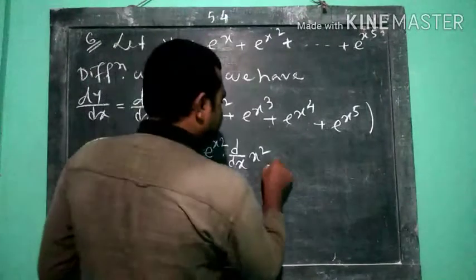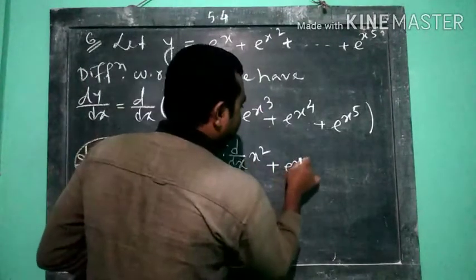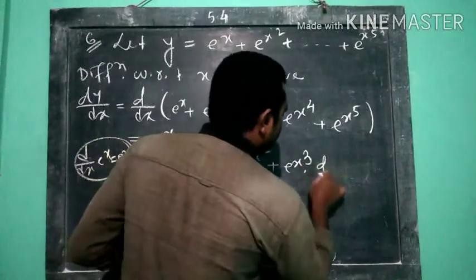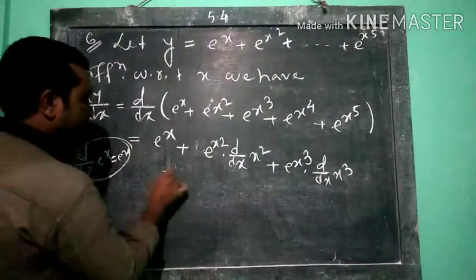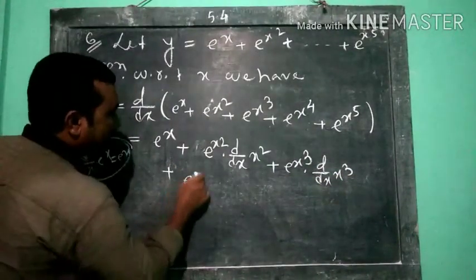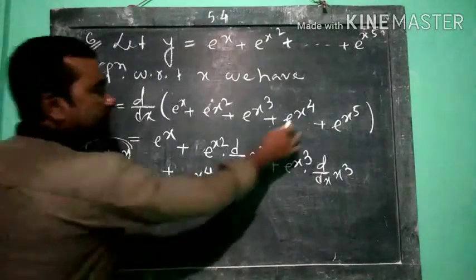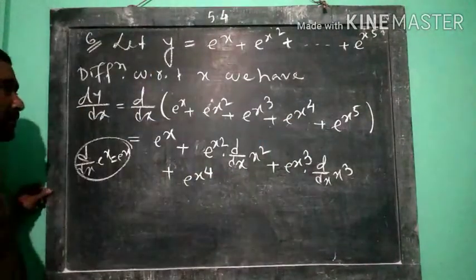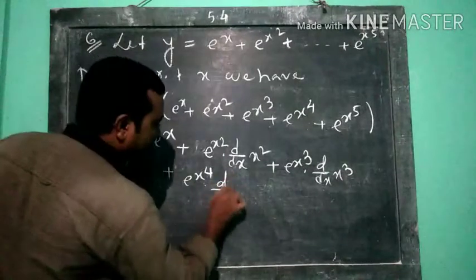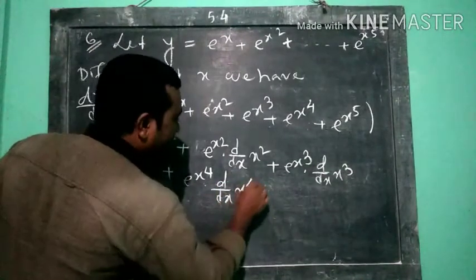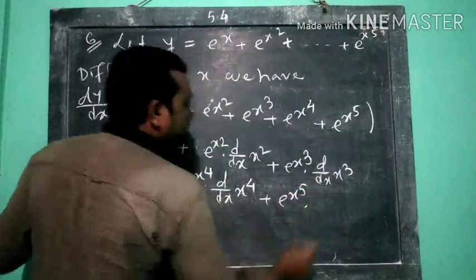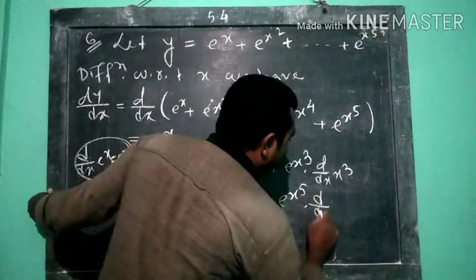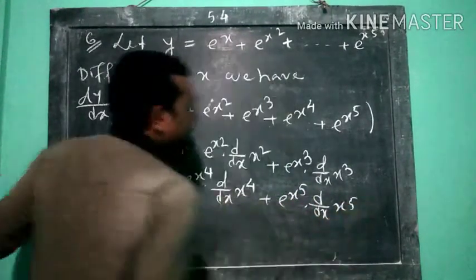Plus e to the power x cube into d/dx of x cube, plus d/dx of e to the power x to the power 4. If we differentiate this, then e to the power x to the power 4 into d/dx of x to the power 4, plus e to the power x to the power 5 into d/dx of x to the power 5.